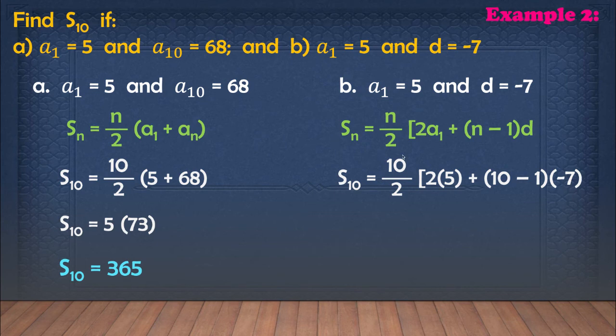Substitute 10 into n. a sub 1 is 5, n is 10. And d here, we were able to solve it earlier. It's given here. d is negative 7. Therefore, S sub 10 is equal to 5 times the quantity 10 minus 63, and that will give us a value of negative 265.